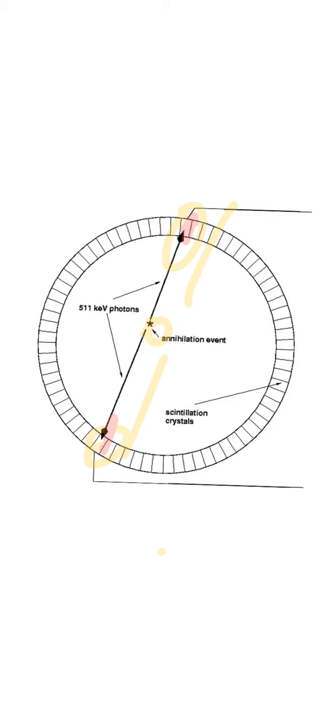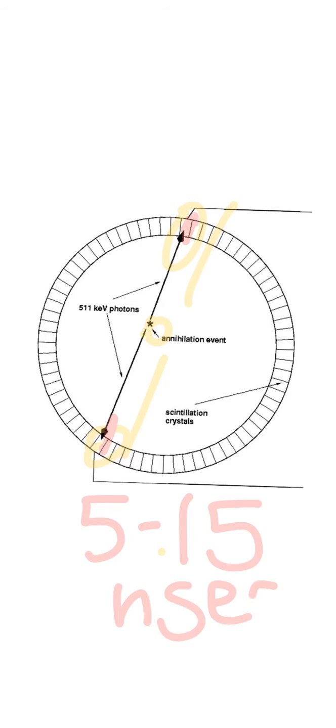So then you'll need to be sure all your settings are correct in order to reconstruct your image accurately. So the average coincidence timing window is between 5 and 15 nanoseconds. That's really, really short. So that is the theory of coincidence timing window, it's just the time that you allow opposing detectors to collect events.